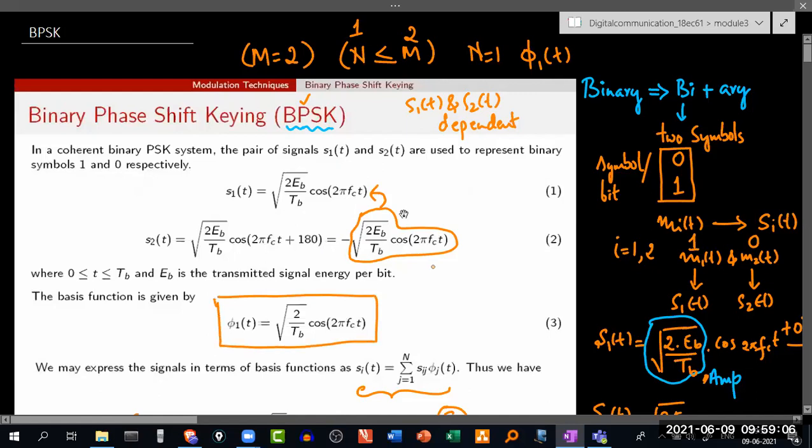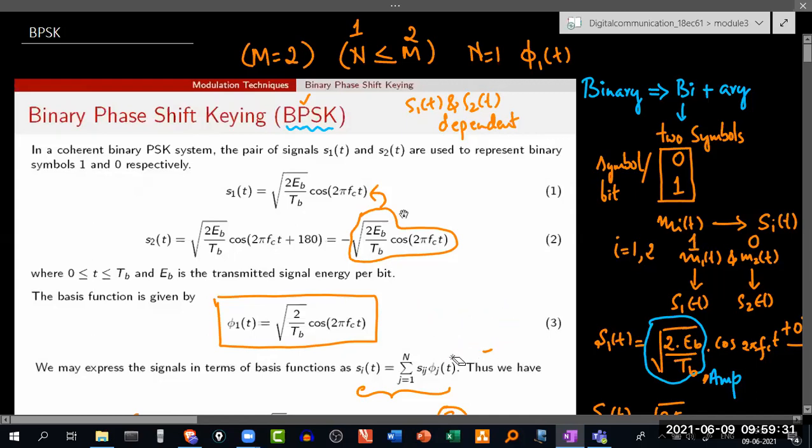If I had n as equal to 2, or dimensionality as equal to 2, I should have gone for one more basis function like phi 2 of t, one more equation over here. Or if I had n as equal to 3, then I should have used phi 3 of t, one more equation. But here, because n value is equal to 1, we have used only one basis function.